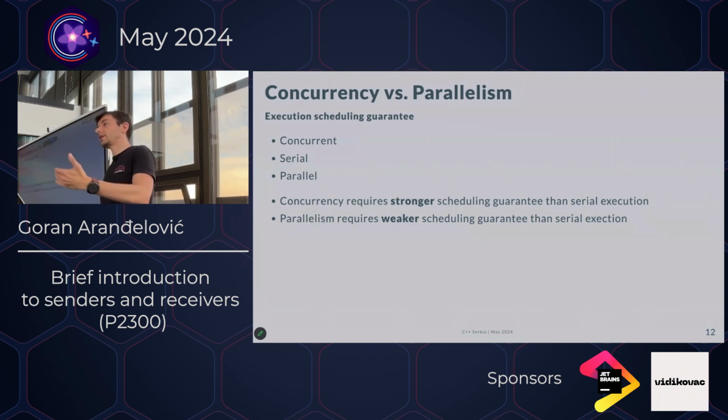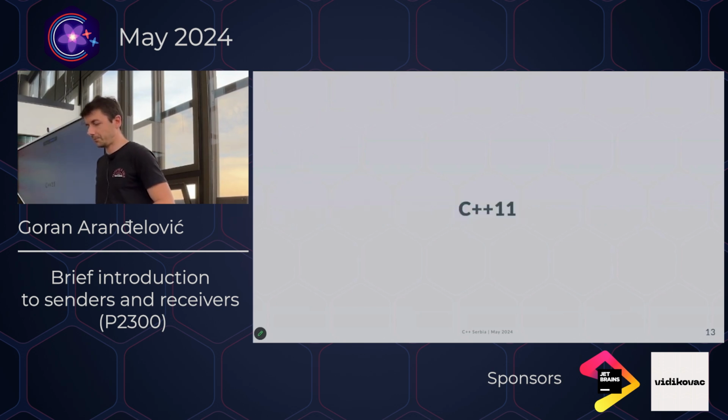And in serial execution, you have stronger guarantee, okay? I don't have any fancy cool graphics, but if you put that on one single line, then from one side you will have concurrency, then serial execution, then parallelism is the weakest scheduling guarantee.